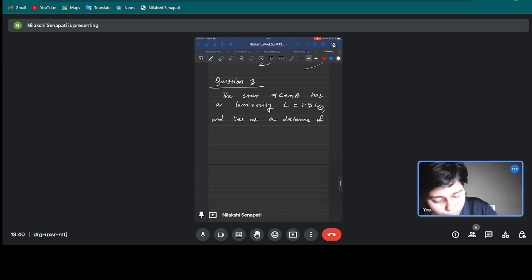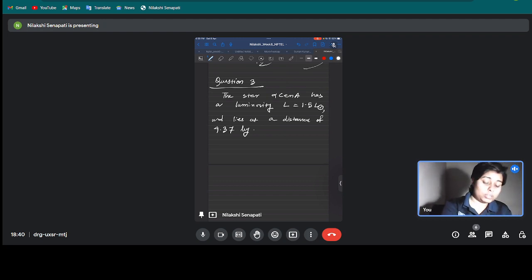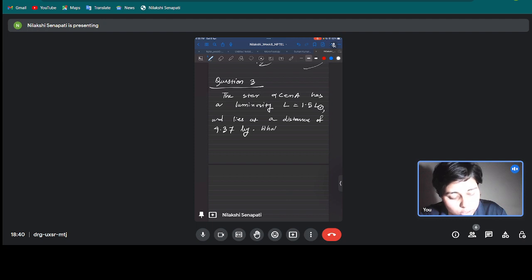of 4.37 light years. Actually, I just made this question this morning, so I was unable to write those things in the slide, and it took a lot of time. That's why I am writing the questions here. So, 4.37 light years.